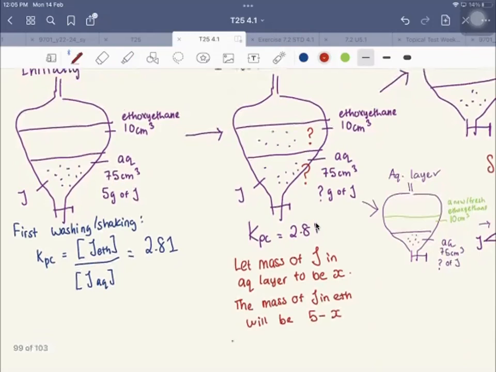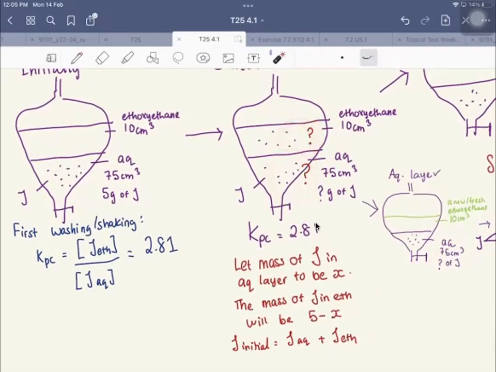Because J initial, or J total, is equal to J aqueous plus J ethoxyethane. So if J in aqueous is X, J in ethoxyethane is 5 minus X.